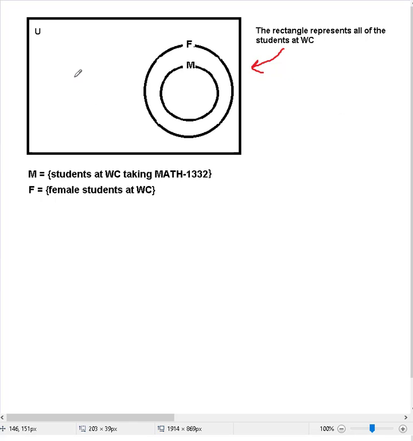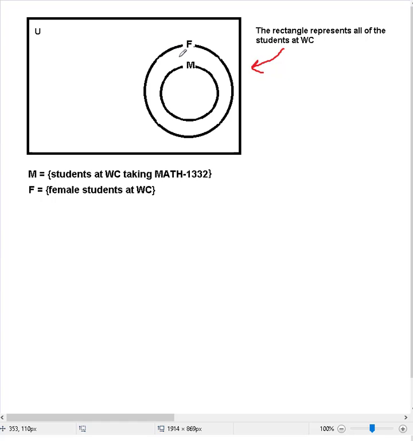What if I had this situation? What does this diagram indicate? Here are all the students taking Math 1332. They're located inside the set of female students at Weatherford College. That means this set, M, is a proper subset of F. What makes it proper?